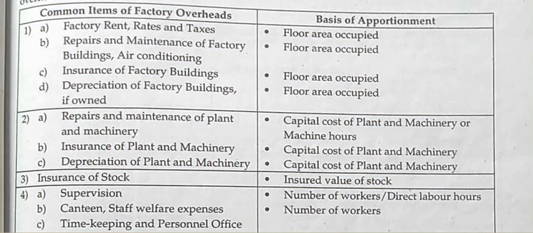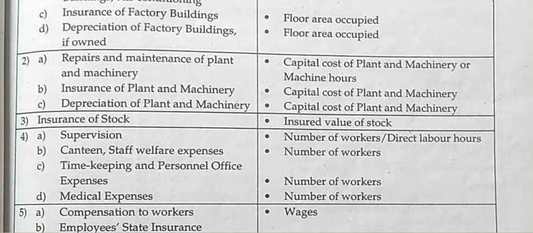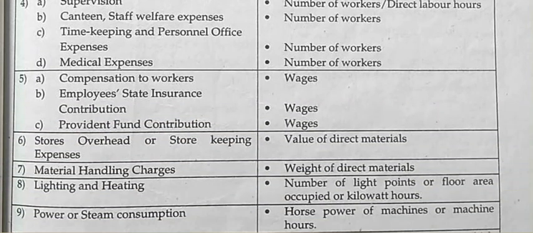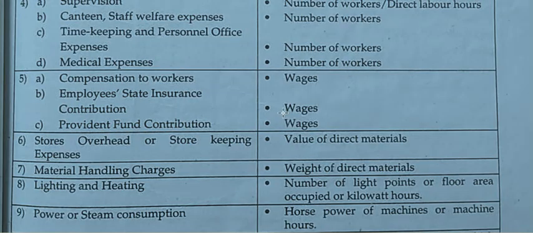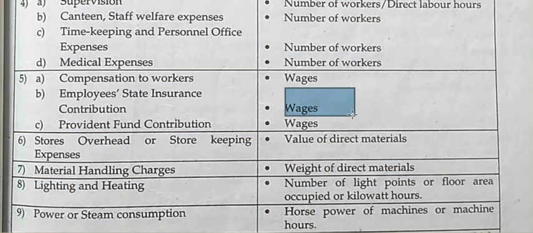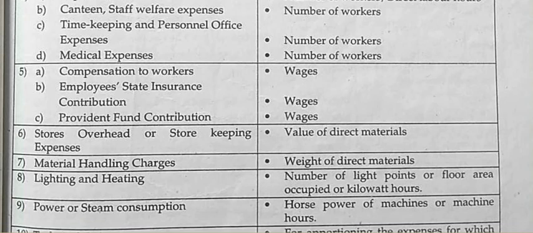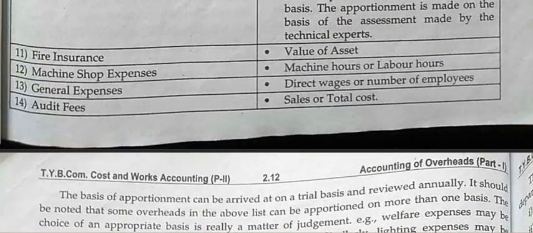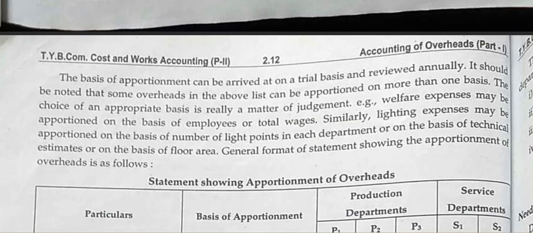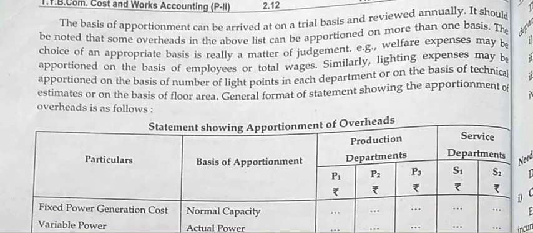The student should remember these bases of apportionment. Like see over here, expenses of workers, employees' state insurance or provident fund, for all this expenditure the basis is direct wages. So like this, students should remember the bases. After this, students will be ready for the practical problem.